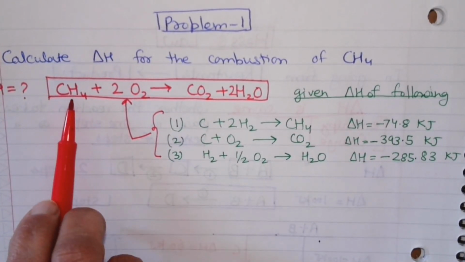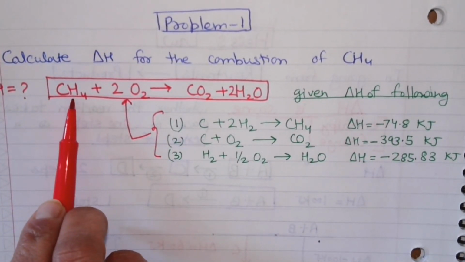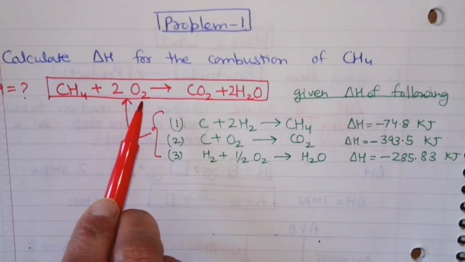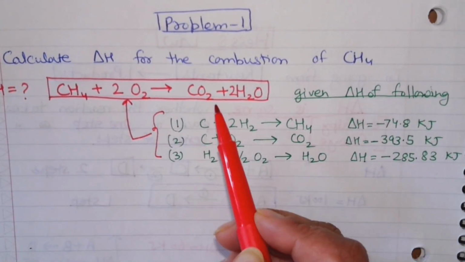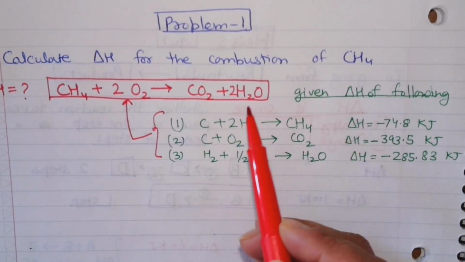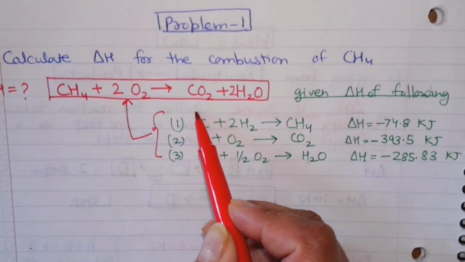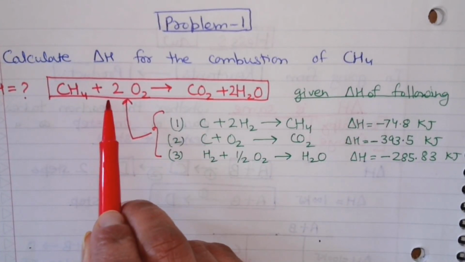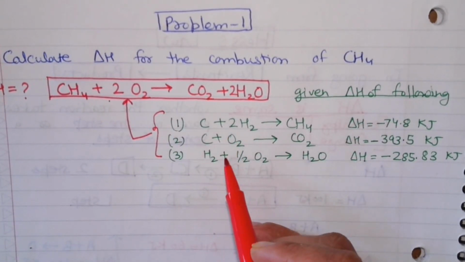First, look at what are our reactants. Our reactants are CH4 and O2, and the products are CO2 and H2O, right? So you have to make this equation from these three equations. Now look carefully.